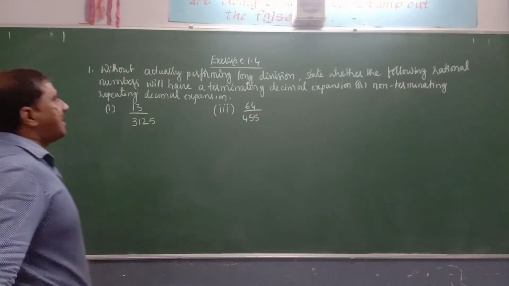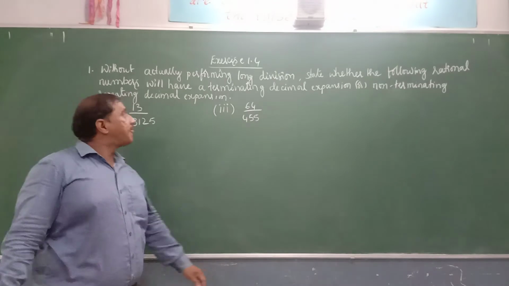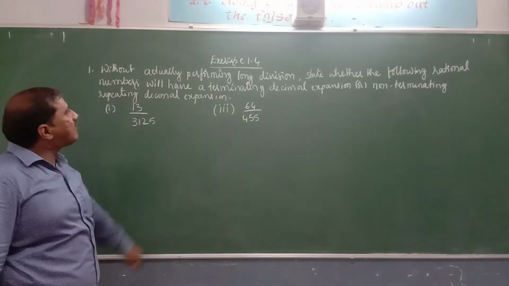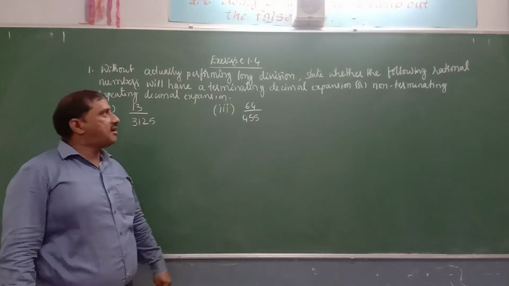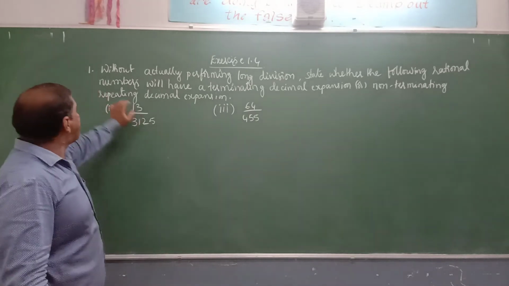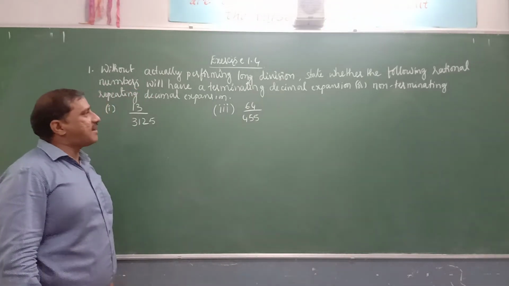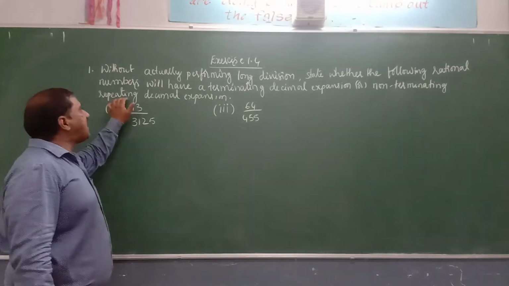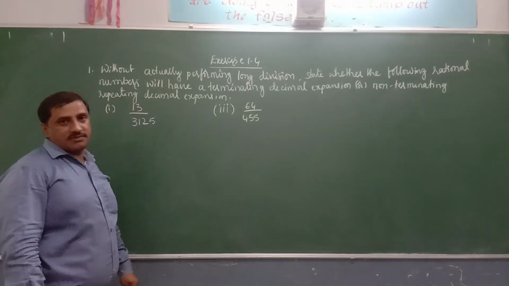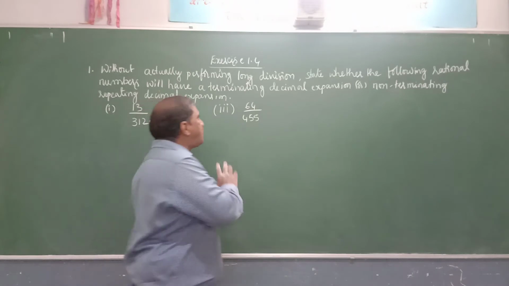Now we will discuss exercise number 1.4. First bit: without actually performing long division, state whether the following rational numbers will have a terminating decimal expansion or a non-terminating repeating decimal expansion. Just now we have studied two theorems.